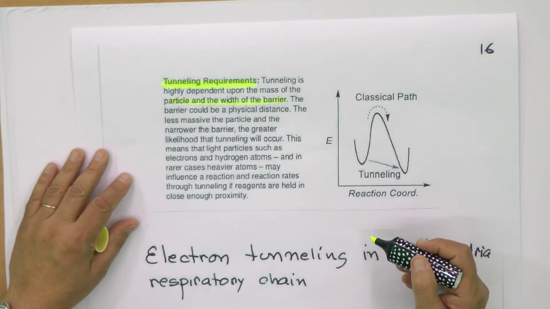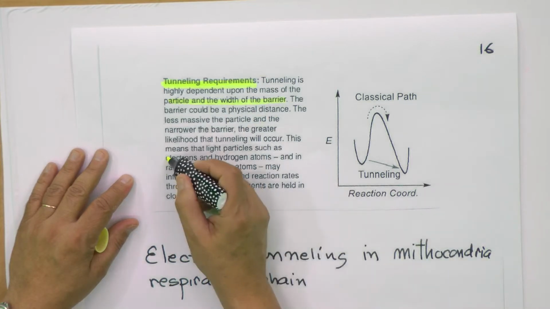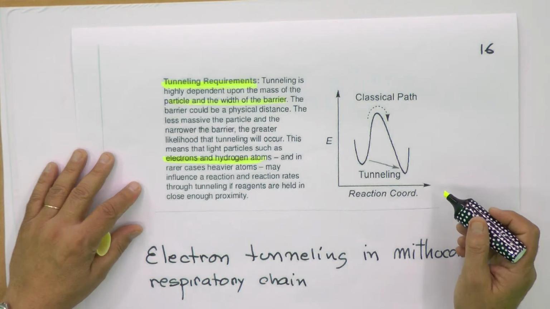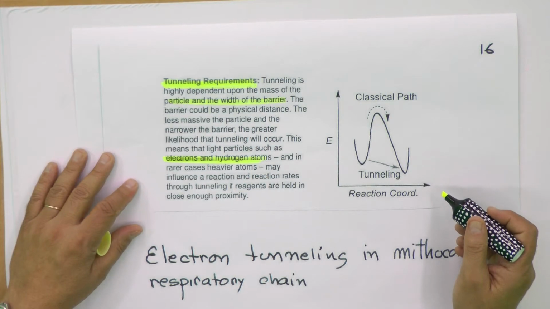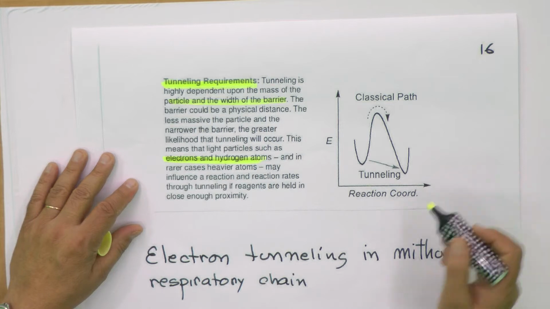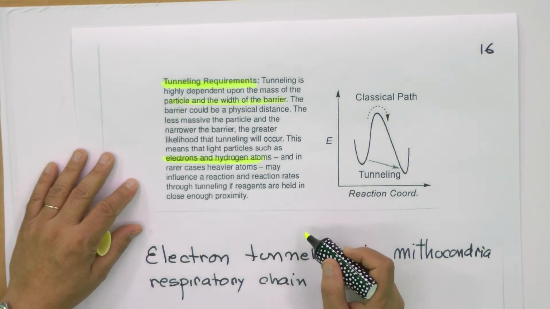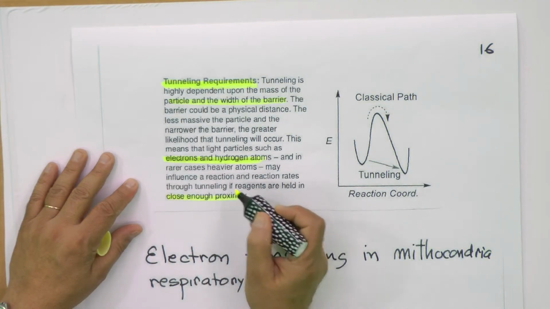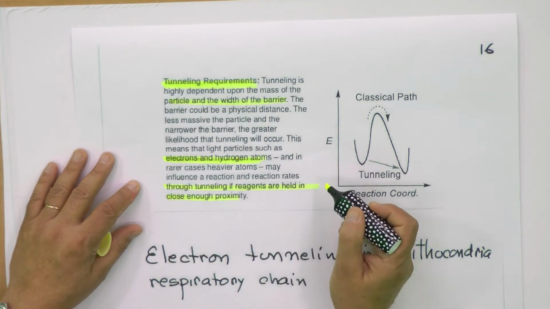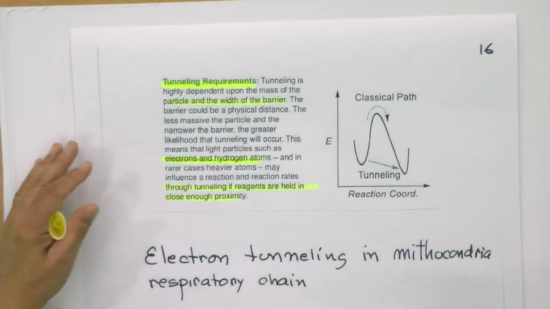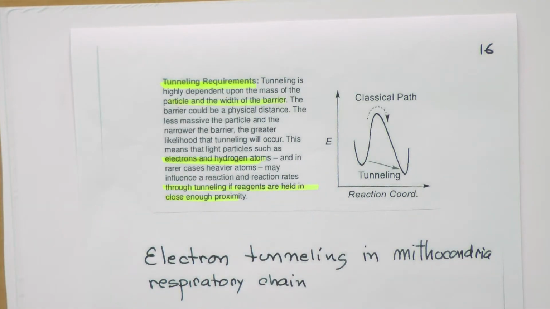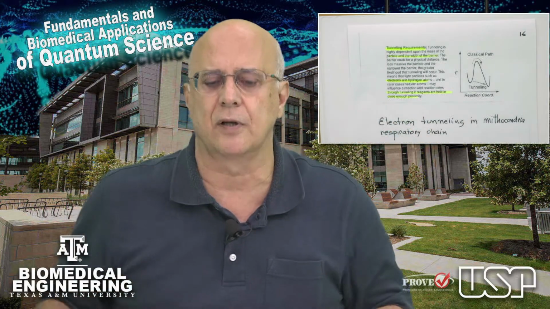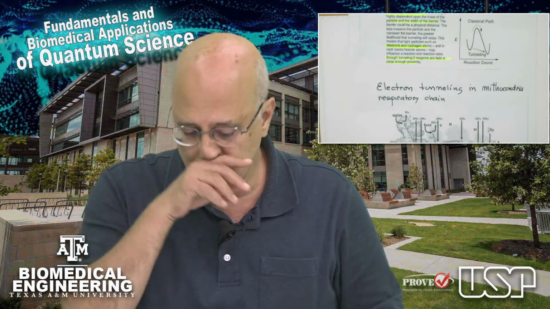This means that light particles such as electrons and hydrogen atoms, and in rarer cases heavier atoms, may influence the reaction and reaction rates through tunneling when reagents are held in close enough proximity. So basically, it's fully admitted that tunneling is important in this process.